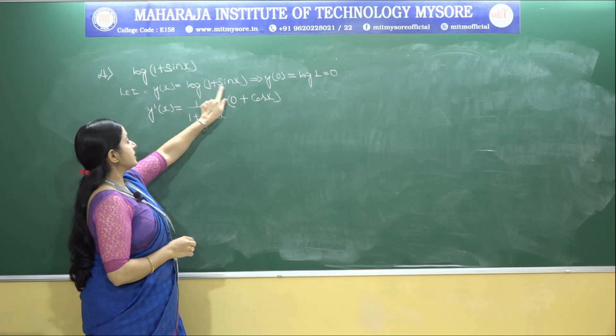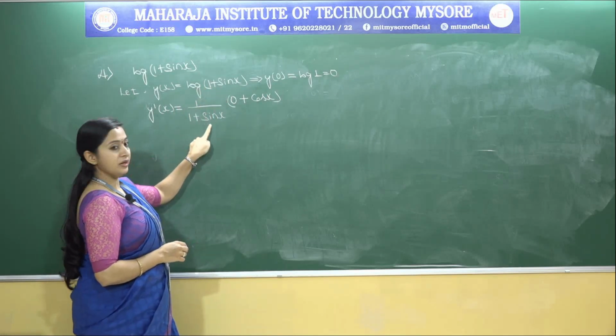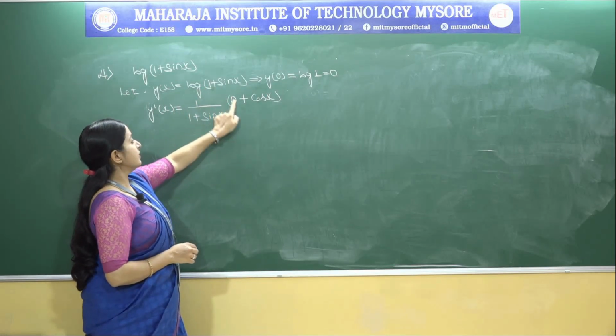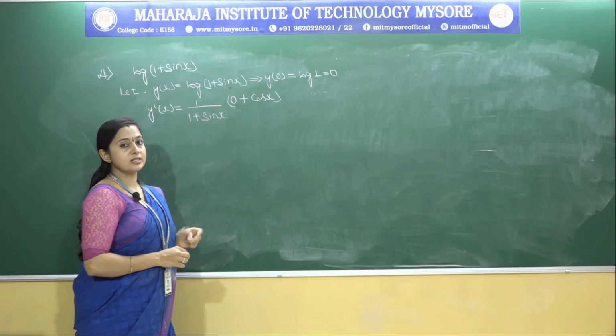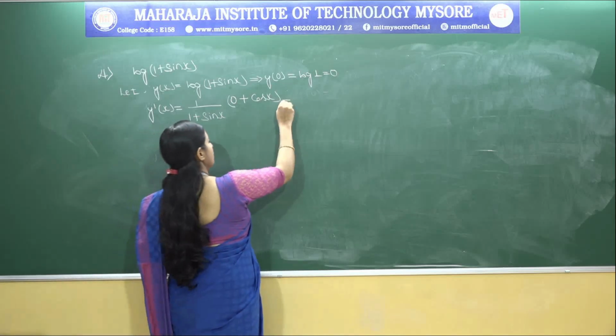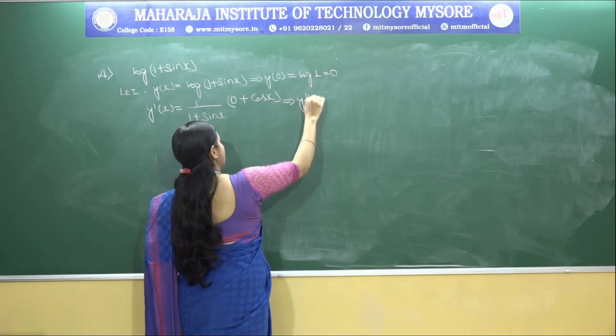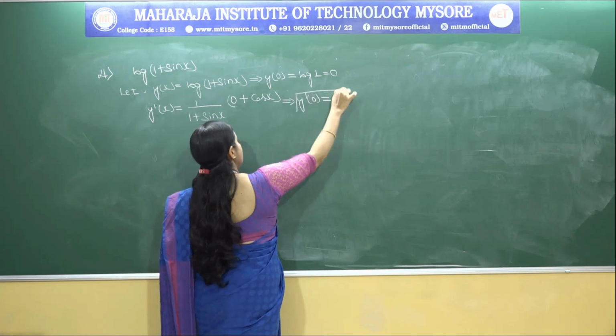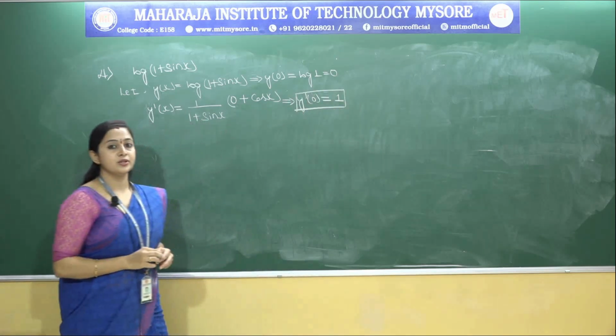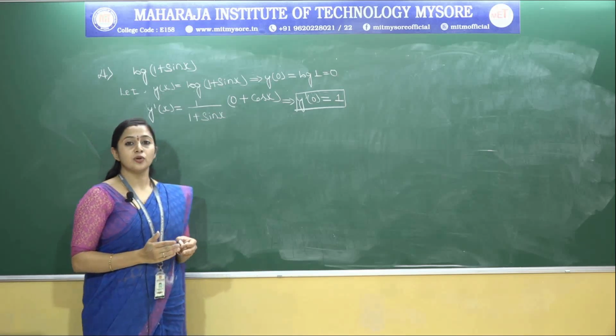So log of 1 plus sin x, log x differentiation is 1 by x, for the 1 you will get 0 since it is constant, sin x differentiation is cos x. For the next one, before that, put x equals 0, y dash of 0, cos 0 is 1, denominator 1 plus sin 0, you will get 1. So the y dash of 0 equal to 1.